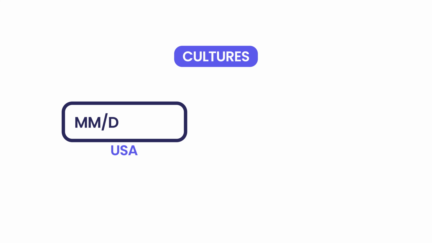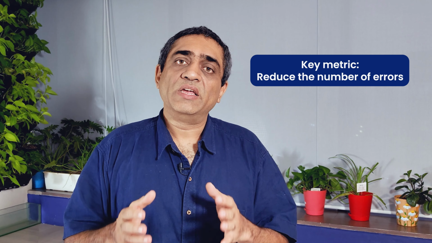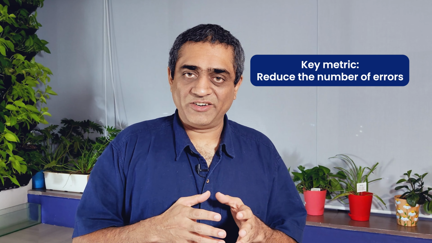There's a very interesting challenge, because certain cultures might take dates in the form of month, day, and year. Other cultures might say day, month, and year. So when you're designing a form, the key metric that you need to design for in this case is to reduce the number of errors.